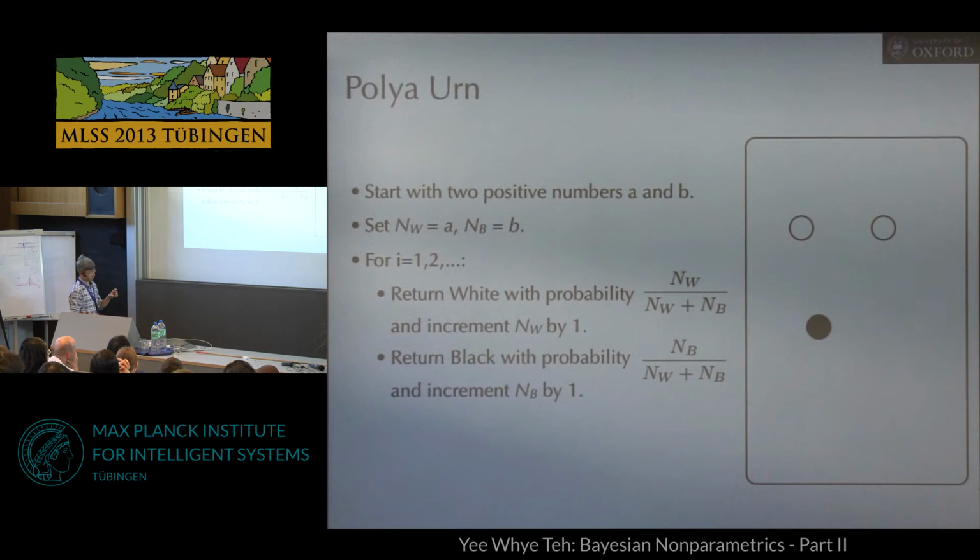In the first iteration, there are A equals 2 white balls in here and B equals 1 black ball. I'm going to draw one of the balls uniformly at random from this urn. Of course, the probability of drawing a white ball is going to be 2 divided by 3.